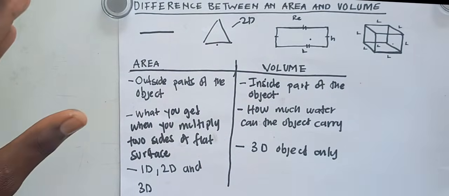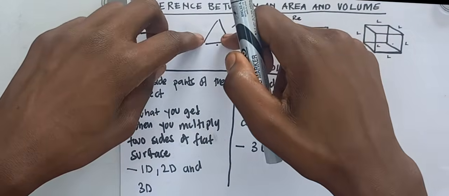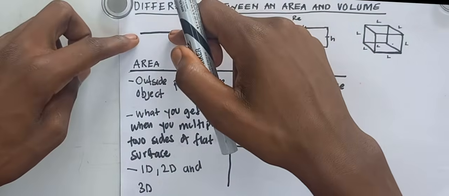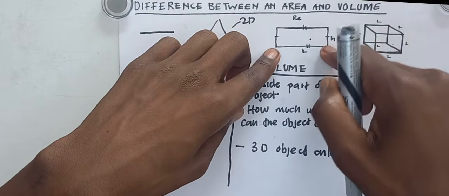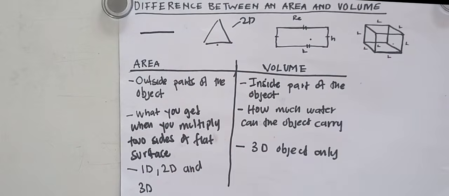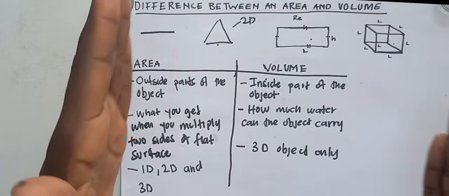Hence we cannot find a volume of this kind of stuff, and we cannot find a volume of this rectangle that is here. But we can only find a volume of something that is able to carry something. I hope that by this explanation it's clear to you, the difference between an area and a volume.